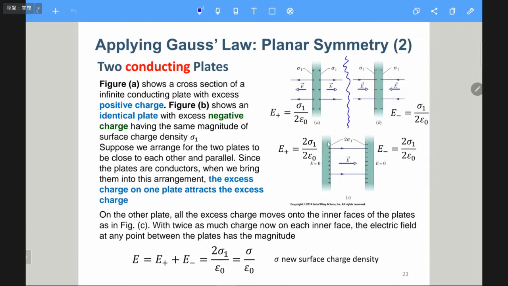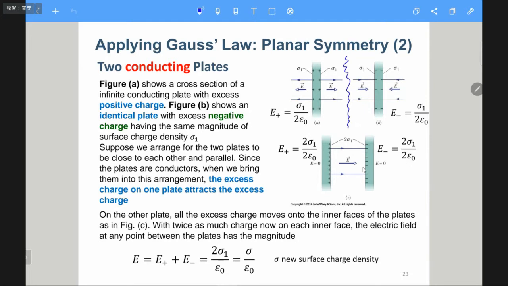And of course, the charge density will double, because sigma 1 on the left side and sigma 1 on the right side for this one, and then here all the charge goes to the right side, so the charge density will double from these two cases. Okay, so we have E plus equals 2 times sigma 1 over 2 epsilon naught.